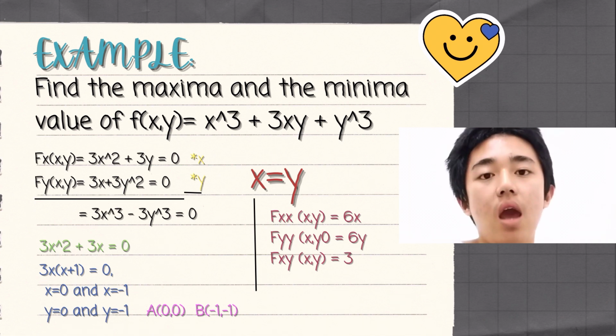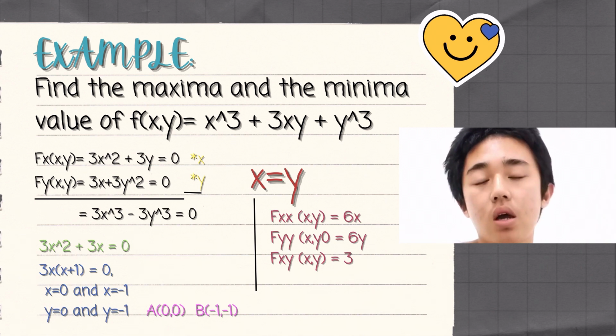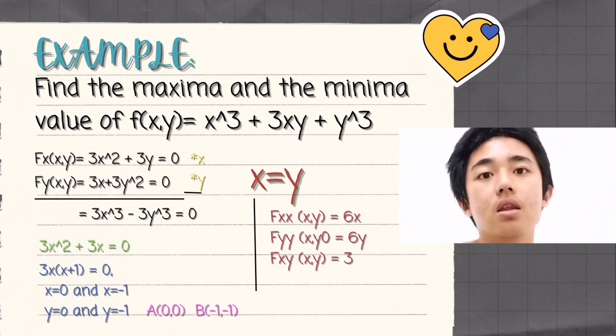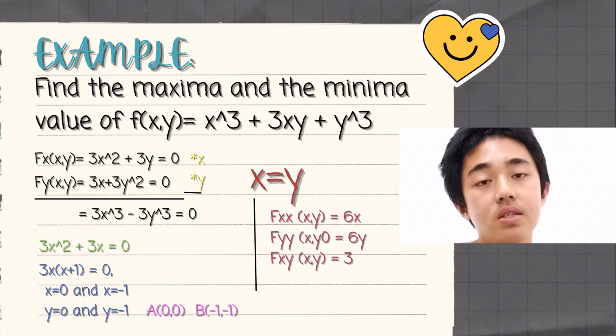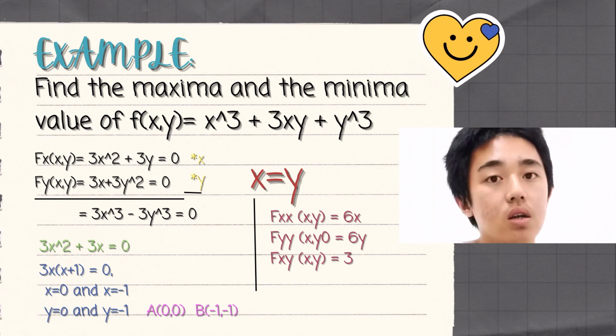That means 3x squared plus 3x equals 0. And after that, we can factorize it again, and it gives us 3x times (x plus 1) equals 0. And this gives us the first x equals 0, and then the second x equals negative 1.